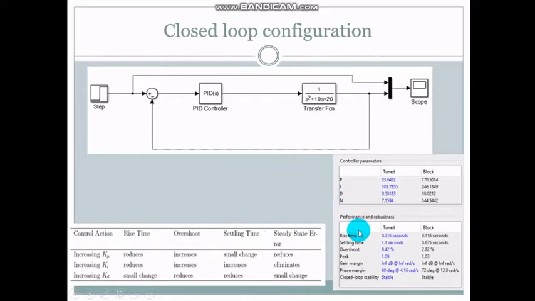Here, as we can see, the rise time for the closed loop configuration is about 0.316 second, a little bit smaller than the open loop configuration. The settling time also changed to 1.1 second from 1.59 second in the open loop configuration.